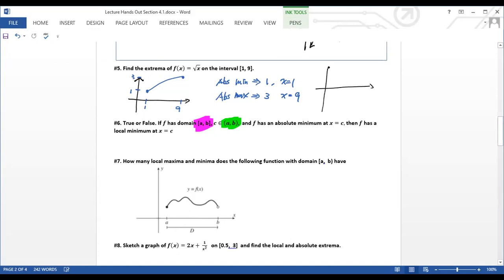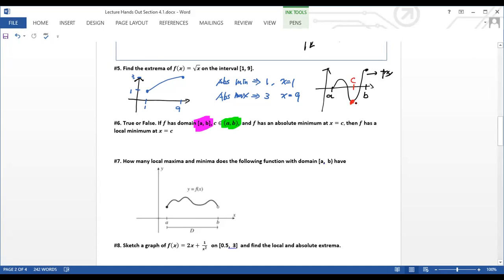So let's take a look. Because this is a closed interval a to b, let's say I have a function f of x here. It says I have an absolute minimum at this number c, the smallest value.